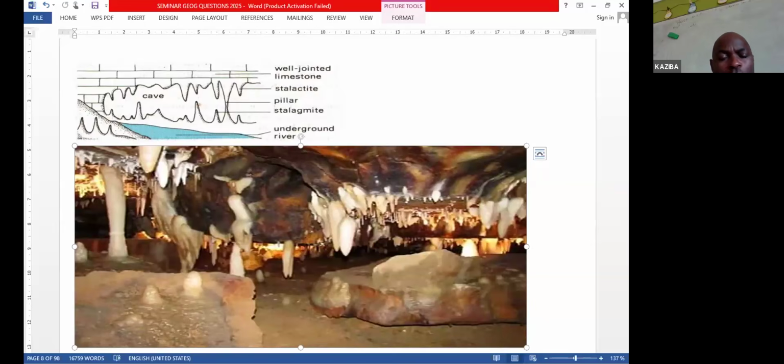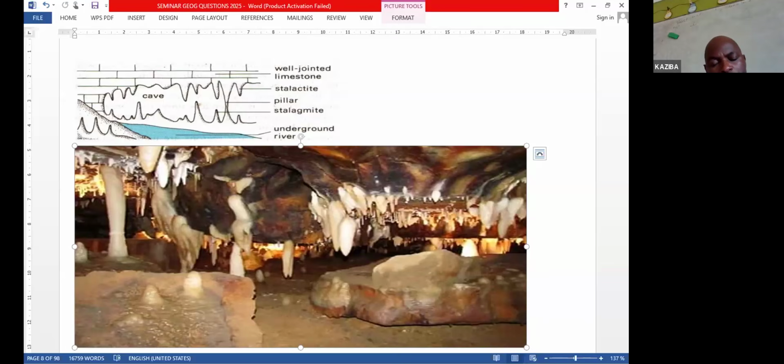Now, the easiest way to explain this is to talk about the process of carbonation. Rainwater mixes with the carbon dioxide of the atmosphere to create a weak carbonic acid.